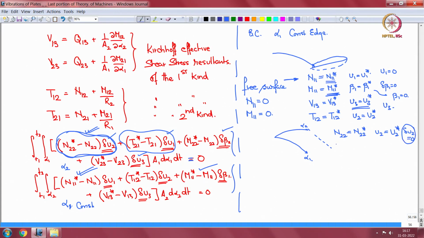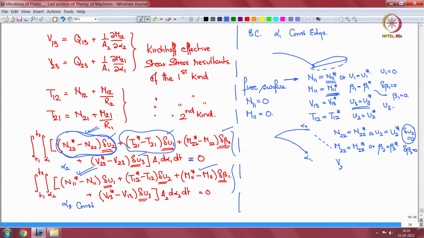Similarly, M22 is equal to M22 star, the external applied moment, or you have beta 2 specified such that delta beta 2 is 0.